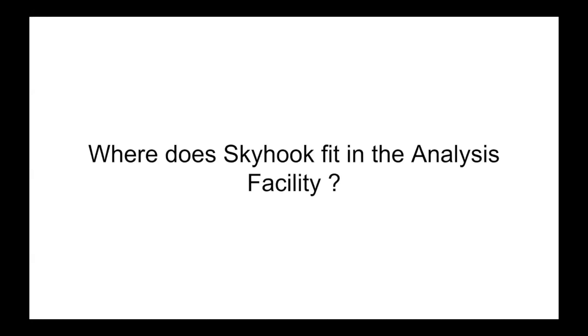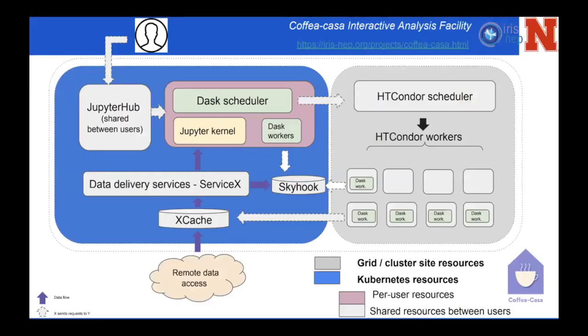So where does Skyhook fit in the analysis, in the high energy physics analysis facility? How does it help us? So this is a slide that I took from Carl's slides from his earlier talk. As you can see, this is the entire analysis facility architecture.